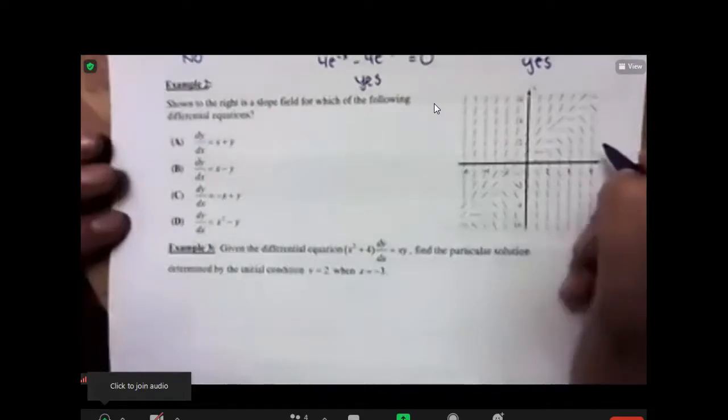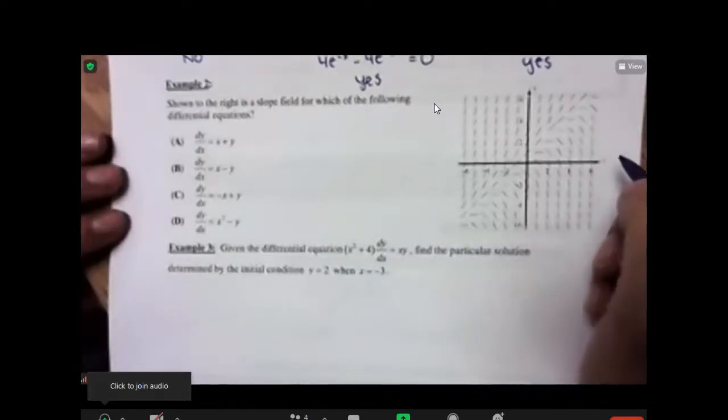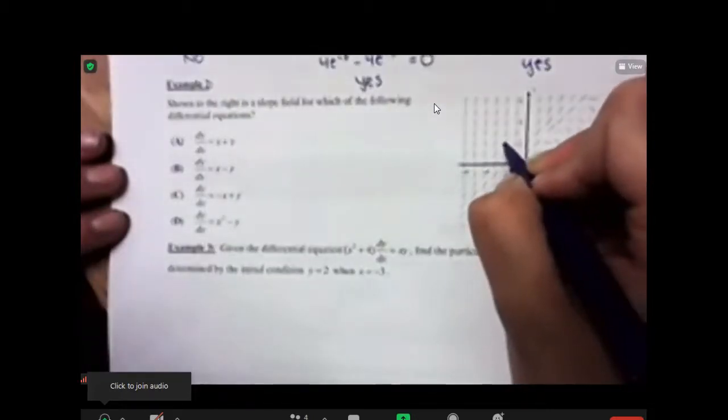You could pick really any point you want, and then you would look at the slope of the line. So maybe I decide to pick negative 2, positive 2. And at negative 2, positive 2, I see that the slope of this line is positive.